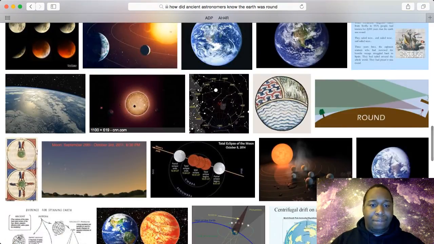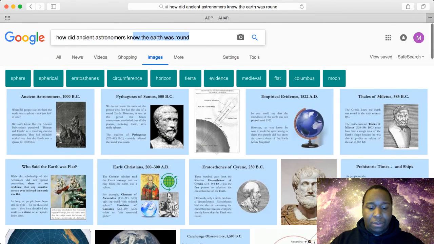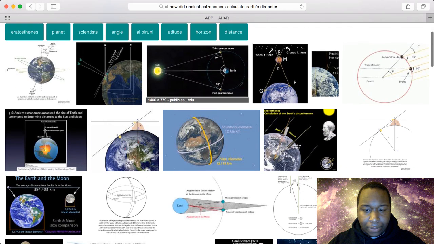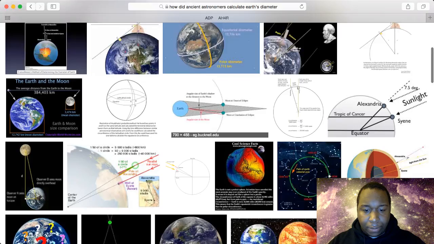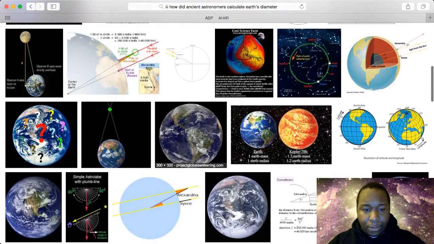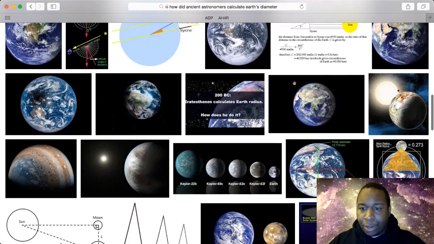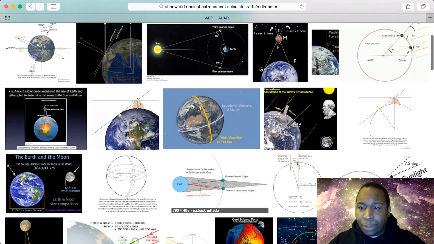Nope, this isn't it. How ancient astronomers calculate Earth's diameter. And really all I want is the image. It was a great image. Hopefully it's not a fairly complicated image for what I'm trying to discuss here, but it was a pretty good image.